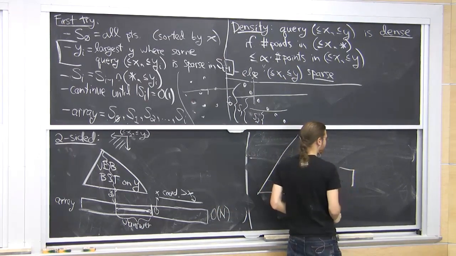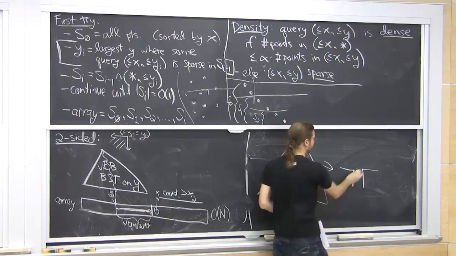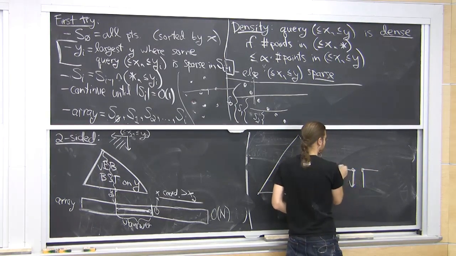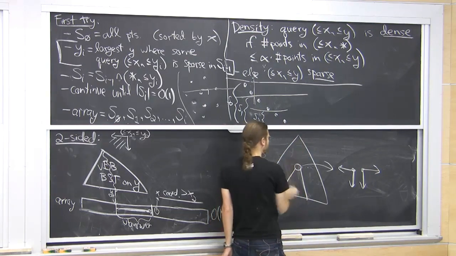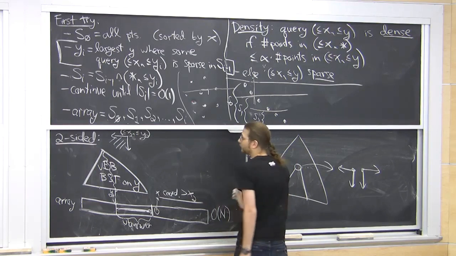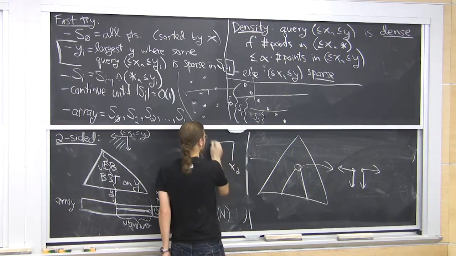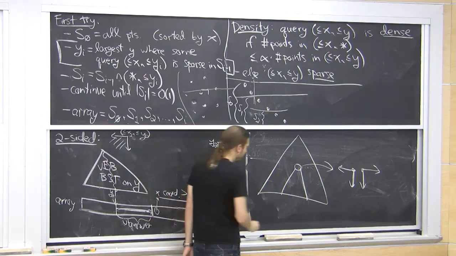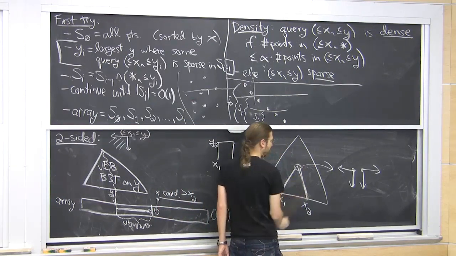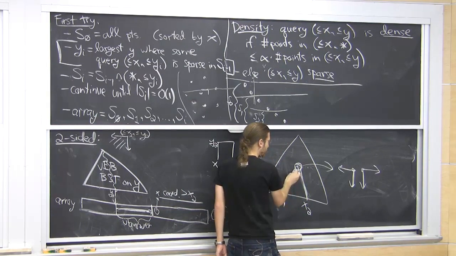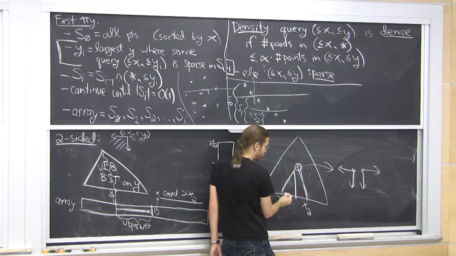One which can do range queries like this, and one which can do inverted range queries like this. This should look familiar. Say we want to do this query with x1, x2, y2. You search for x1, you search for x2, find the LCA, and then in this subtree, you do a search.